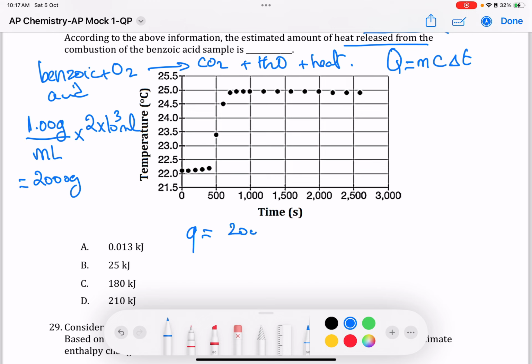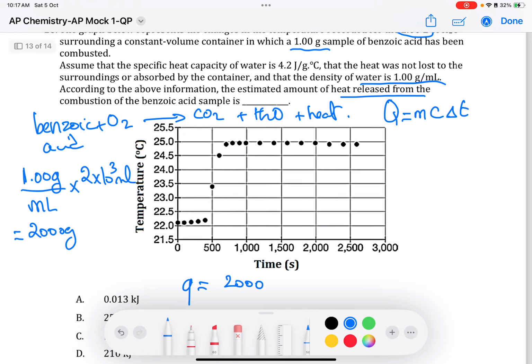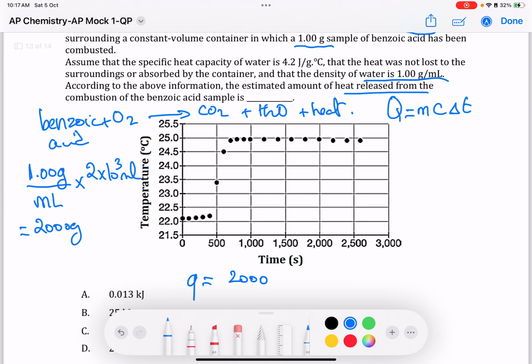So it is 2000 grams, the mass, times C, the specific heat capacity of water, times ΔT, T final minus T initial.